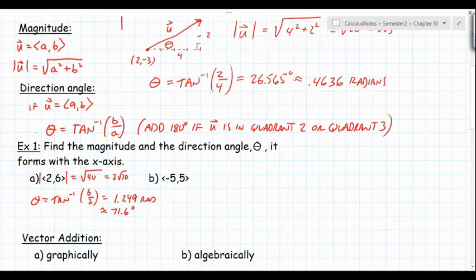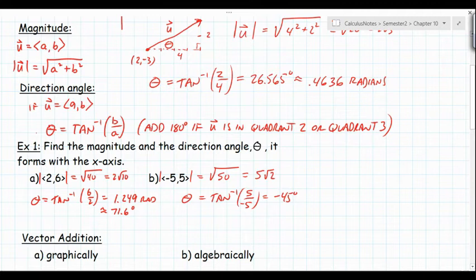And then for example B, the magnitude is going to be the square root of 25 plus 25, square root of 50, or 5 root 2. And the angle, when you do inverse tangent of 5 over negative 5, it tells you it's negative 45 degrees.